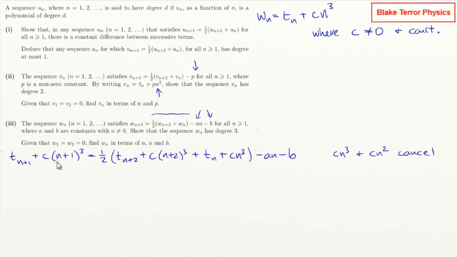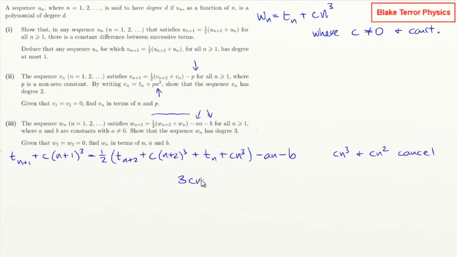Well, there's not going to be enough, is there? Because I'm going to get 3 on the left here for the, not the c n squareds, the c n's. And then I'm going to get 4, 12, 6 on the right. So that's not going to cancel out. So yeah, I'm going to have to deal with that.